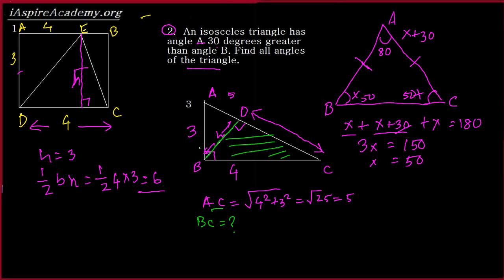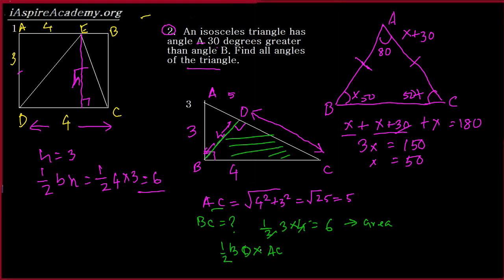So since we know already AB and BC, half AB times BC, which is 3 times 4, equals 6. So this is the area. But also we can find the area as half BD times AC.